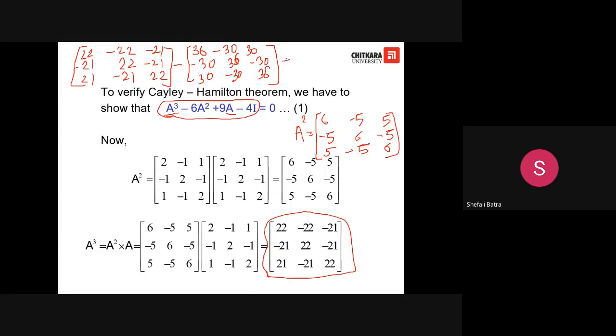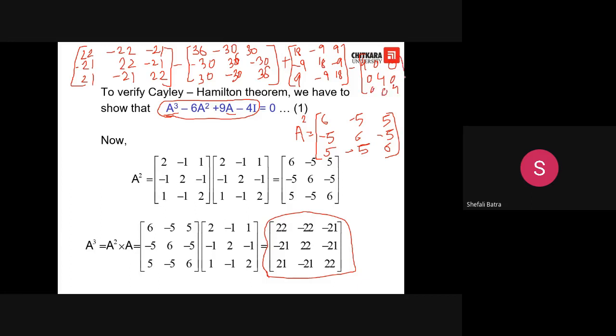And then plus 9 times A. So 9 to the 18, minus 9, plus 9; minus 9, plus 18, minus 9; 9, minus 9, 18. And then minus 4, 0, 0, 0, 4, 0, 0, 0, 4.